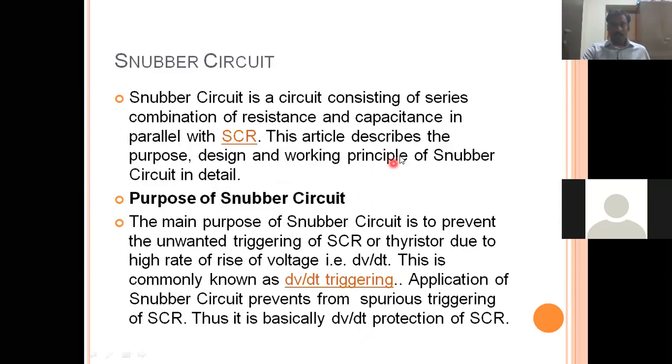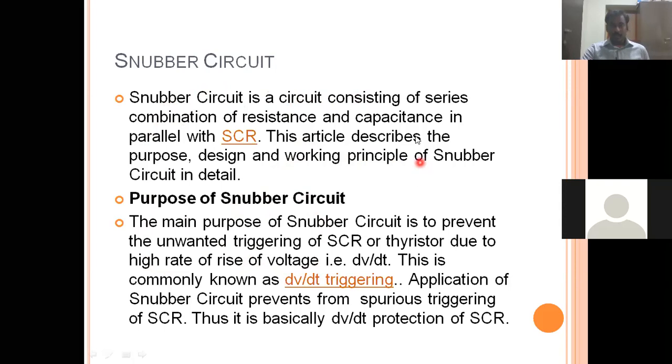For that, we need to consider different parameters related to the SCR, that may be voltage parameters, current parameters, power parameters, as well as gate circuit parameters and temperature parameters. If you get clarity related to the parameters associated with the SCRs, then only you are going to get an idea of from what parameters we need to protect the device.